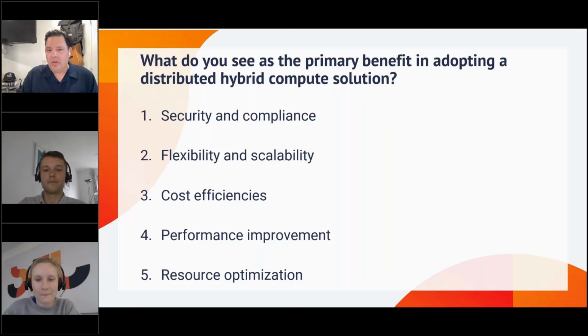Security and compliance is the one option there that can be seen as a benefit, or it could be seen as a very specific use case. And I think as a general benefit, flexibility does get you the ability to provide different types of secure deployments or secure access to data. I think anyone who's had to deal with compliance, you start to go into a different world.